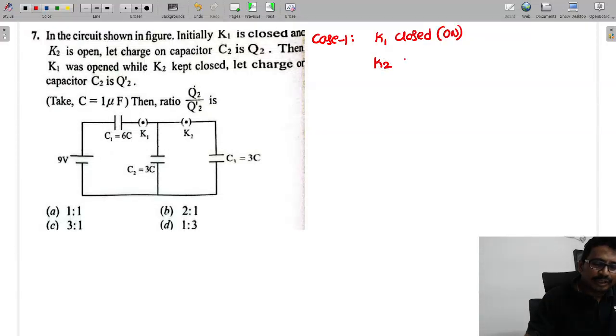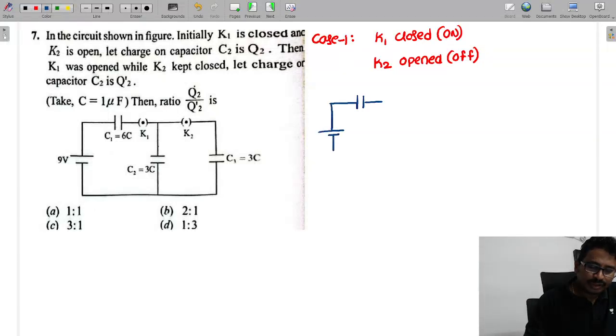K2 is open, and open means off state. Right. So let us draw the circuit and see how it would be. First K1 is on, so the supply given is 9 volts.